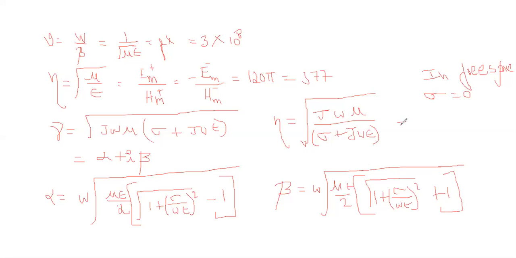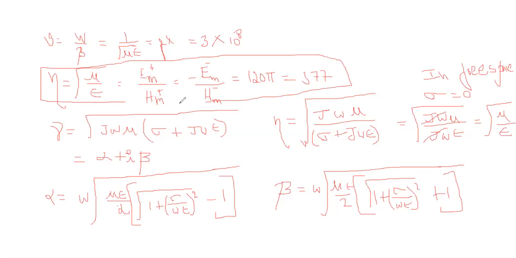Then eta becomes under root of j omega mu divided by j omega epsilon, since sigma is 0. Then j omega gets cancelled, and we get under root of mu by epsilon. That is derived for the uniform plane wave in free space.